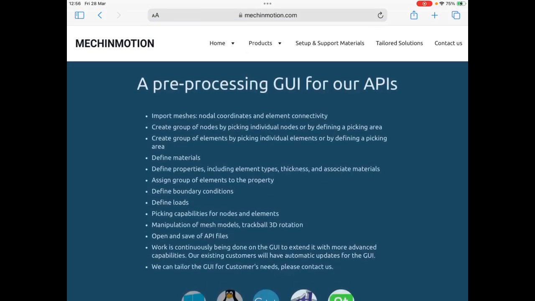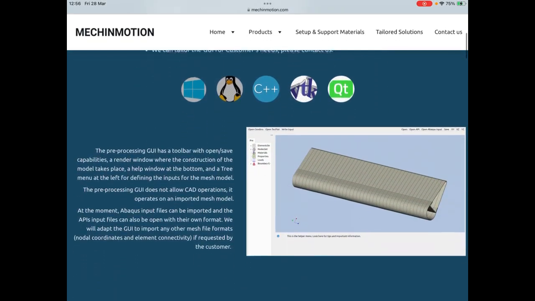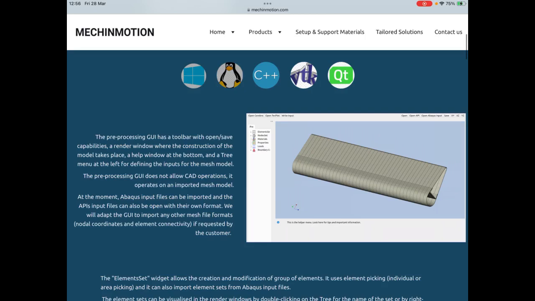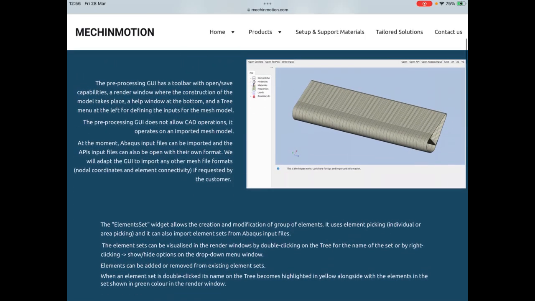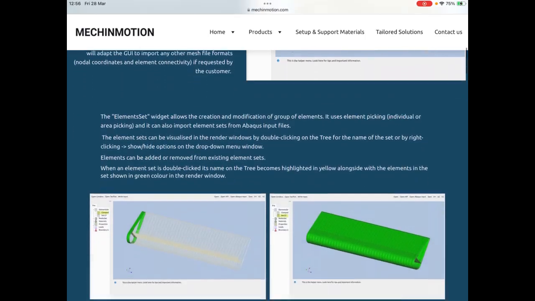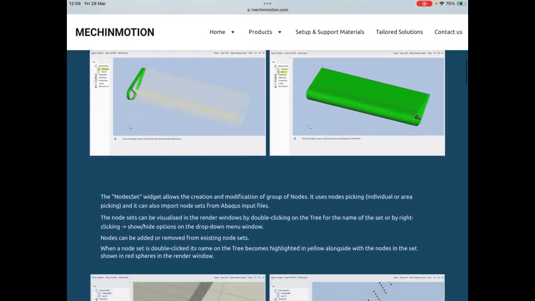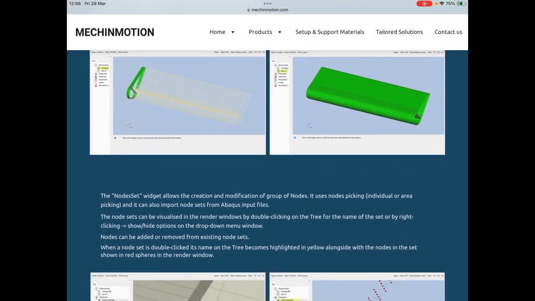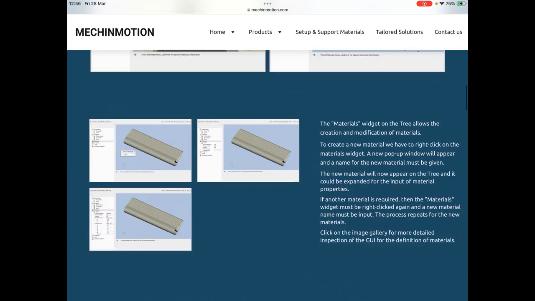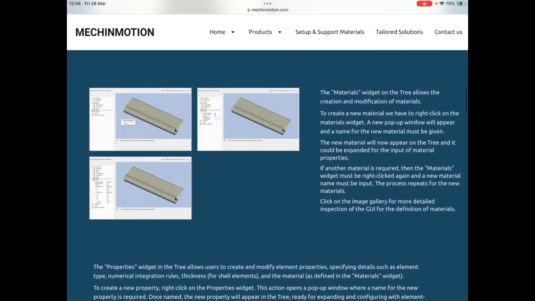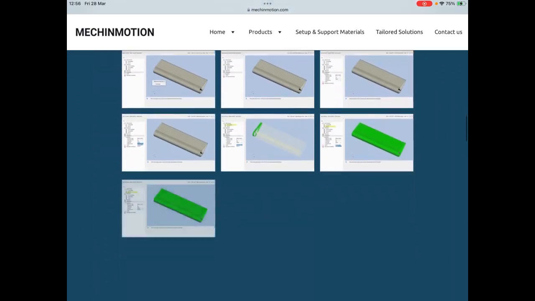We have the graphical user interface, which we developed to use these APIs, where you can import, for example, an input file from Abaqus and then set the boundary conditions, materials, properties, loadings, do everything here and run the APIs directly from this graphical user interface.